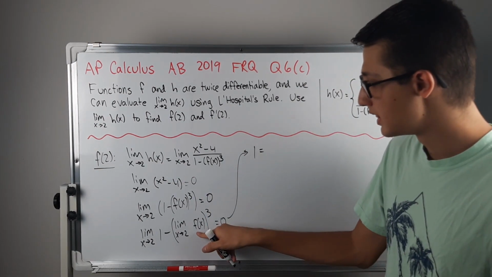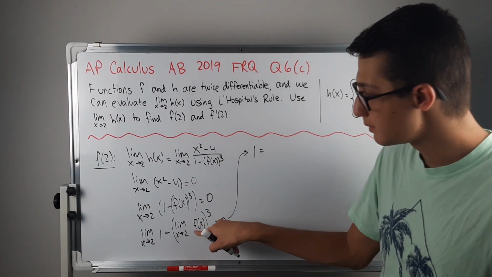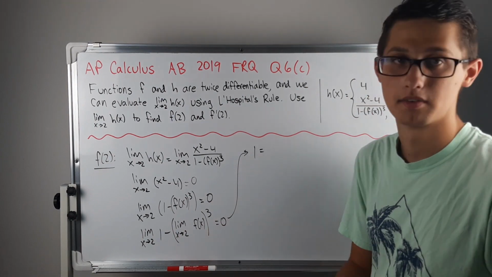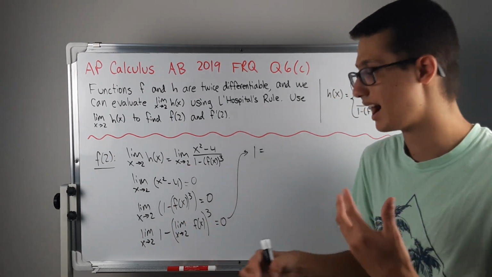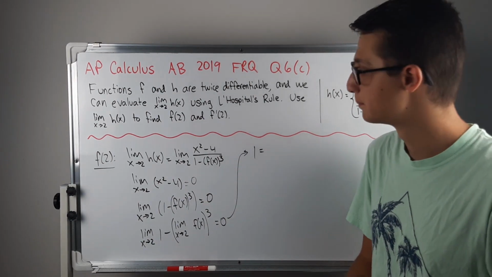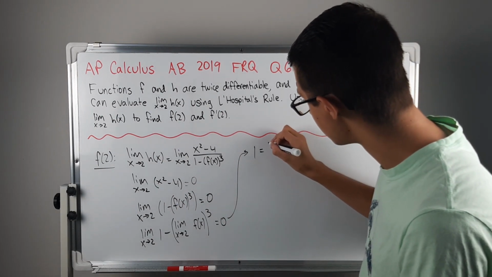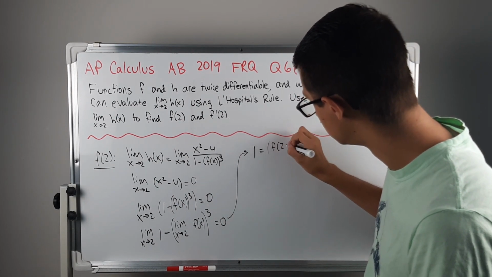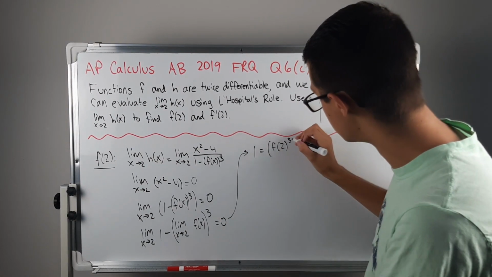And so we know that f of x is continuous, which means that the limit as x approaches 2 of f of x is equal to f of 2. That's one of the defining properties of continuity. So this tells us that 1 is equal to f of 2 cubed, because remember we have to cube it.